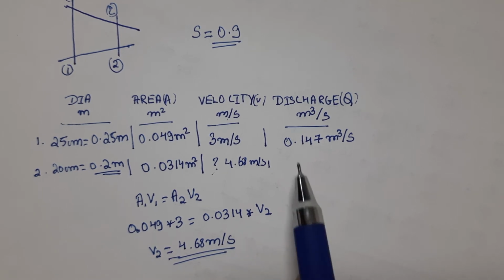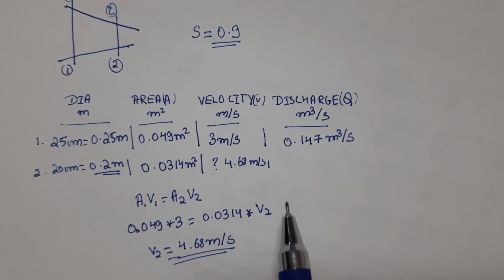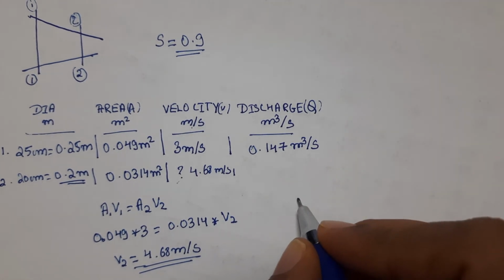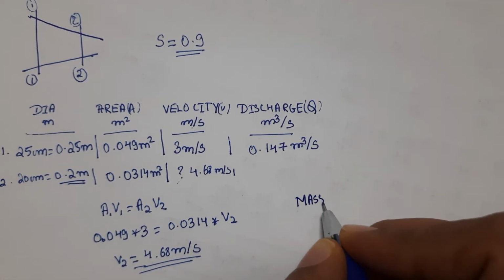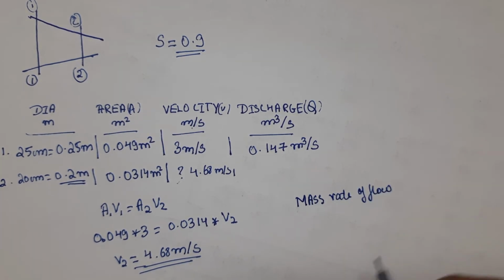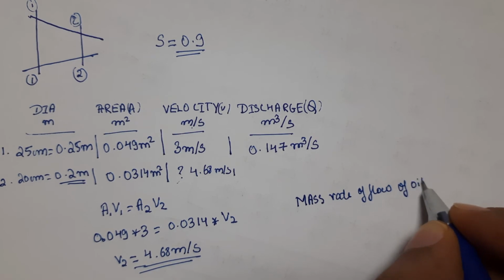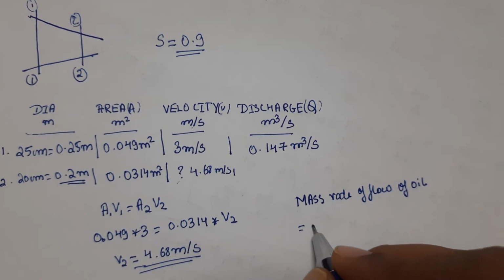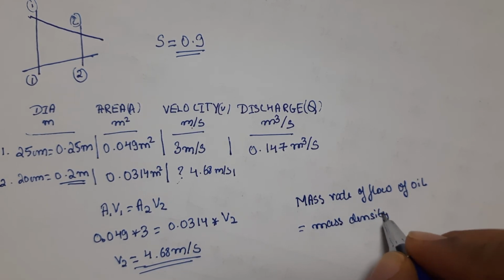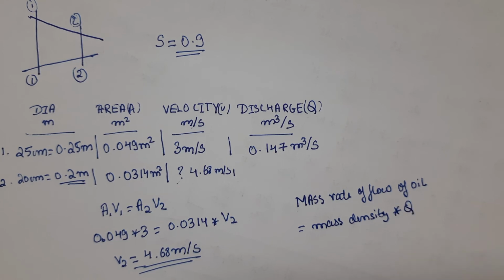Now to find out the discharge is not what we look for. We have to find the mass flow rate of the oil. So how do you find that? Mass rate of flow of oil is nothing but the mass density into discharge.